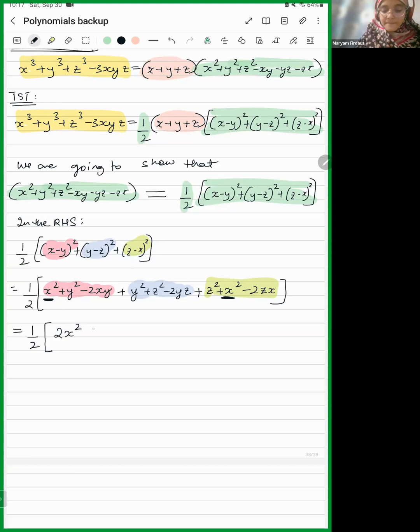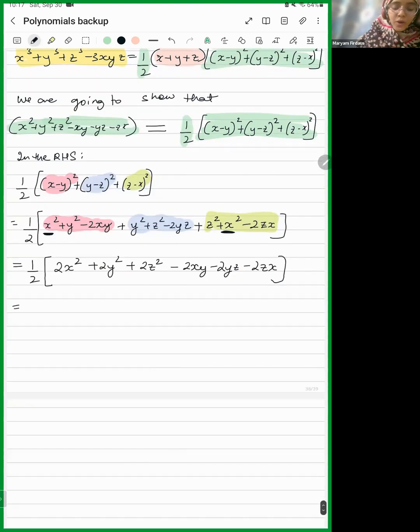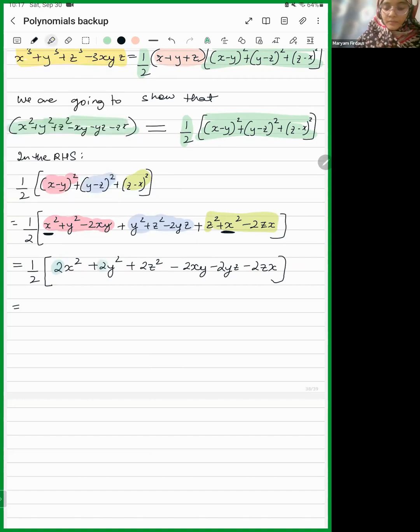So we'll take the 2 as common, and then we have minus 2xy, minus 2yz, and minus 2zx. We can just take the 2 as common from every term.